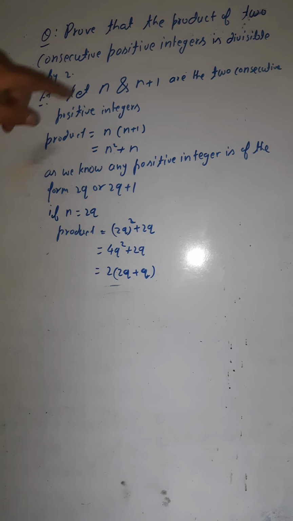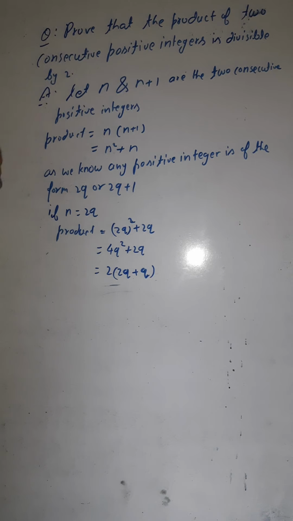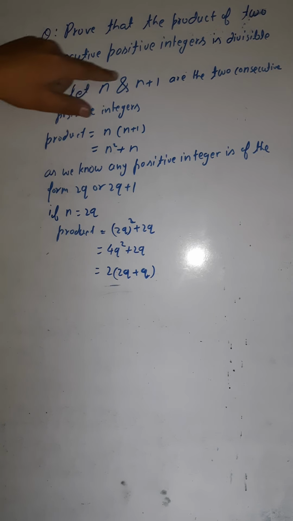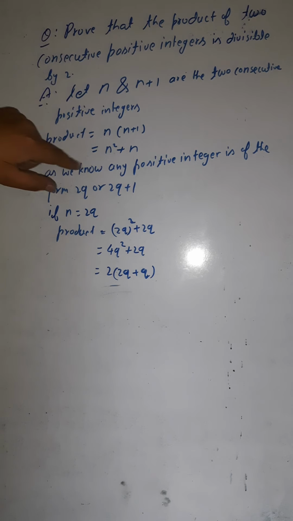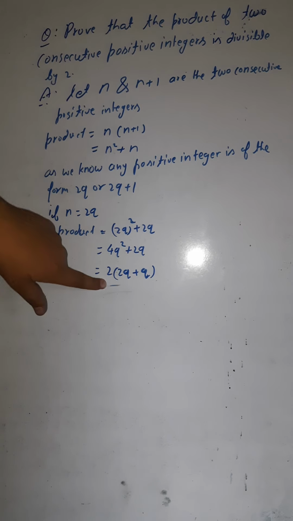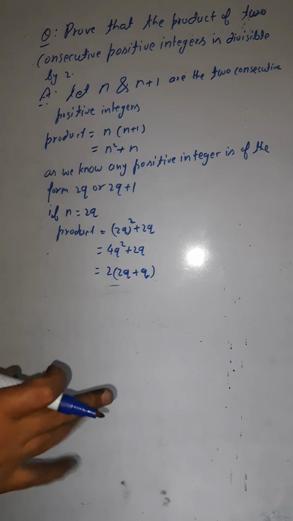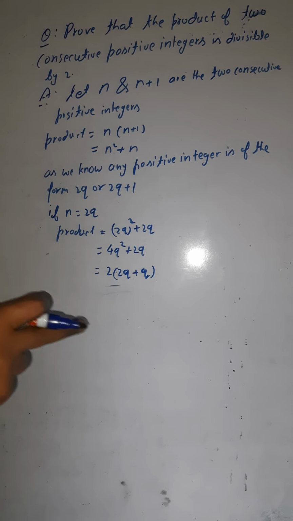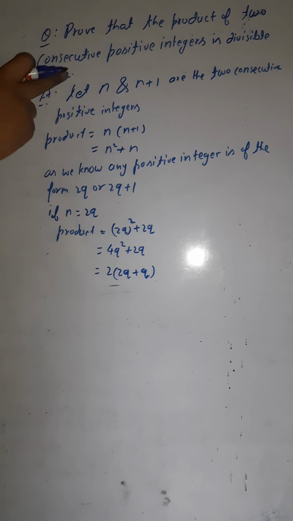Here value of n I have taken 2q, so first it would be 2q and second would be 2q plus 1. If you are multiplying these two, so product is this much, so product is also divisible by 2. Are you getting this? So hence the product of two consecutive positive integers would be divisible by 2.